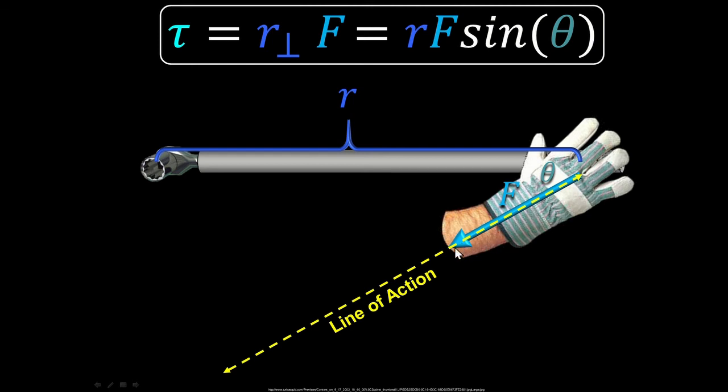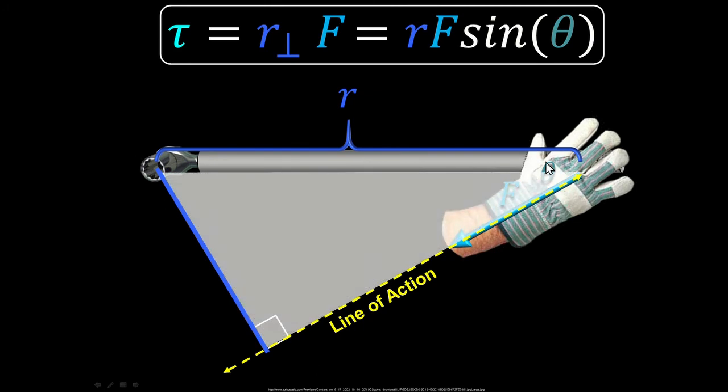That force is coming in this direction like this, and that force extends in this line. And you can extend it far enough until you get a component of the distance that is perpendicular. So if this is theta and this is the radius, the component of the radius is going to be just the hypotenuse times the sine of the angle. So that also says we can do it this way.